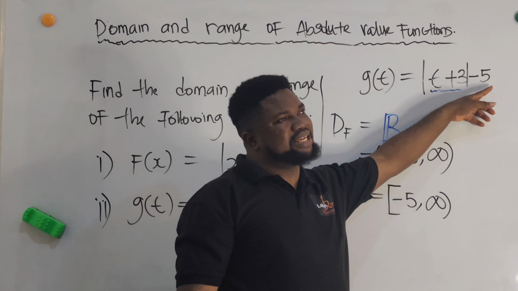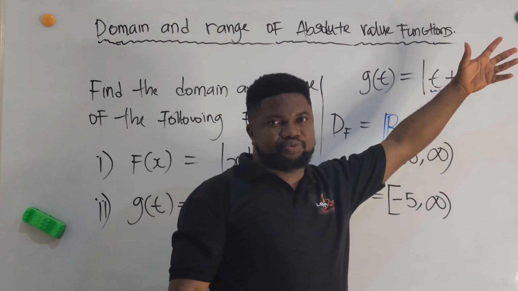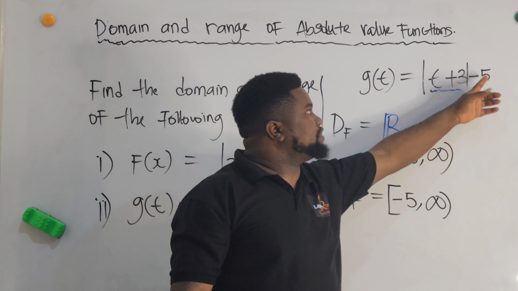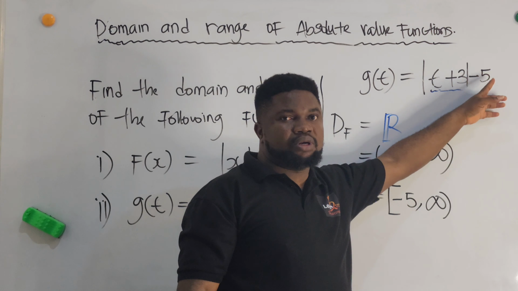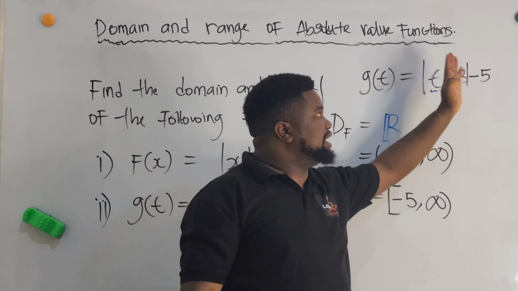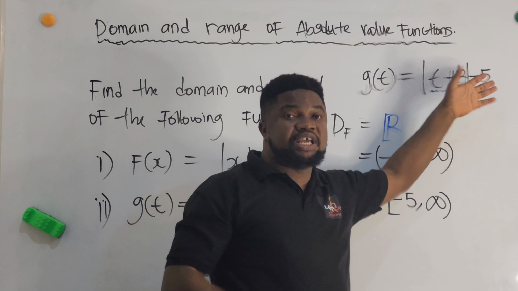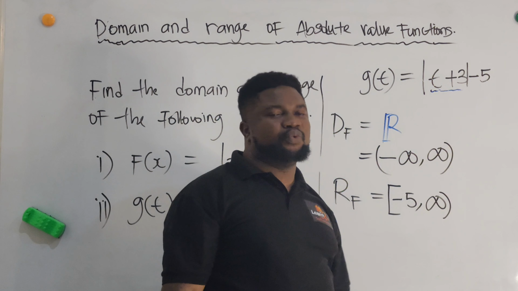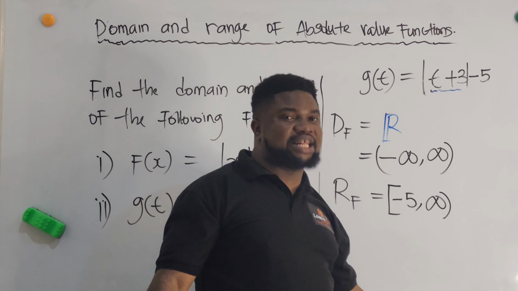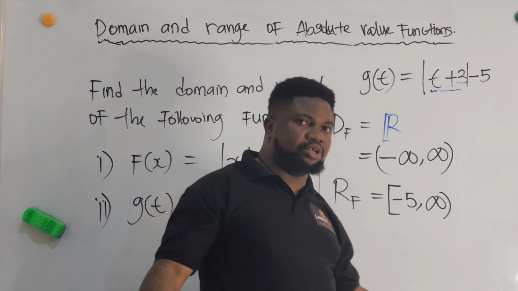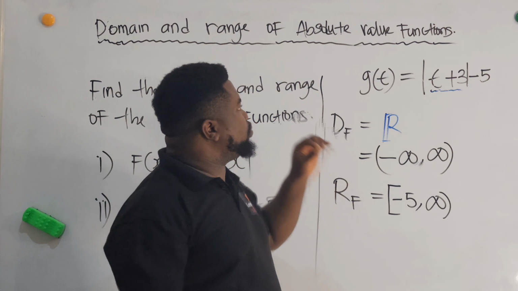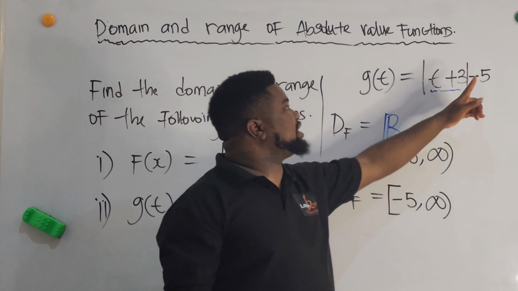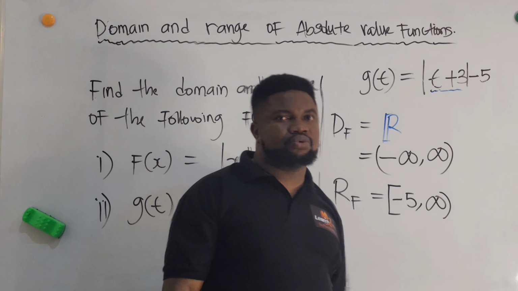Assuming here now is like 5t cube, an odd power of t, and that the term 5t cube is leading, then our range will now change. In that case, our range becomes all real numbers also. But once they give you an extension with a pure number, your range starts from the extension down to infinity.